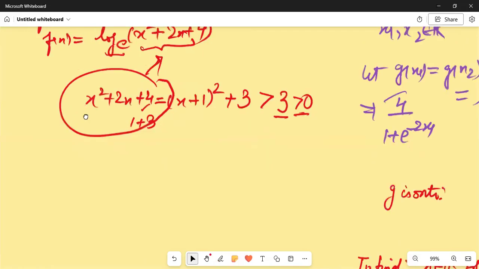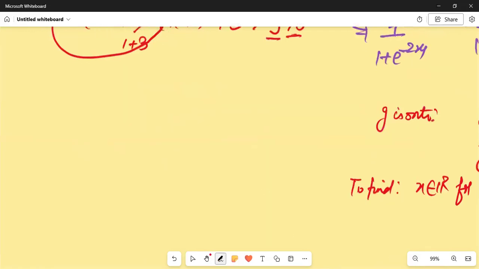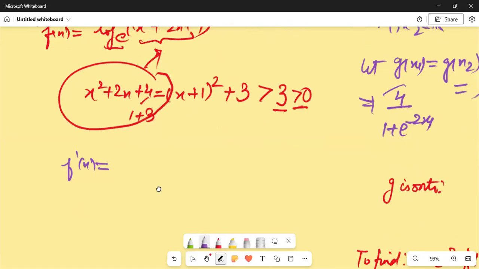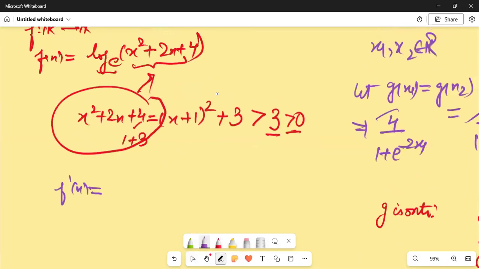So you can use chain rule again. You have to use chain rule again and again in this question. So f prime is given by, using chain rule, the derivative of the log function is 1 by x. This time, this is the entire x this time.